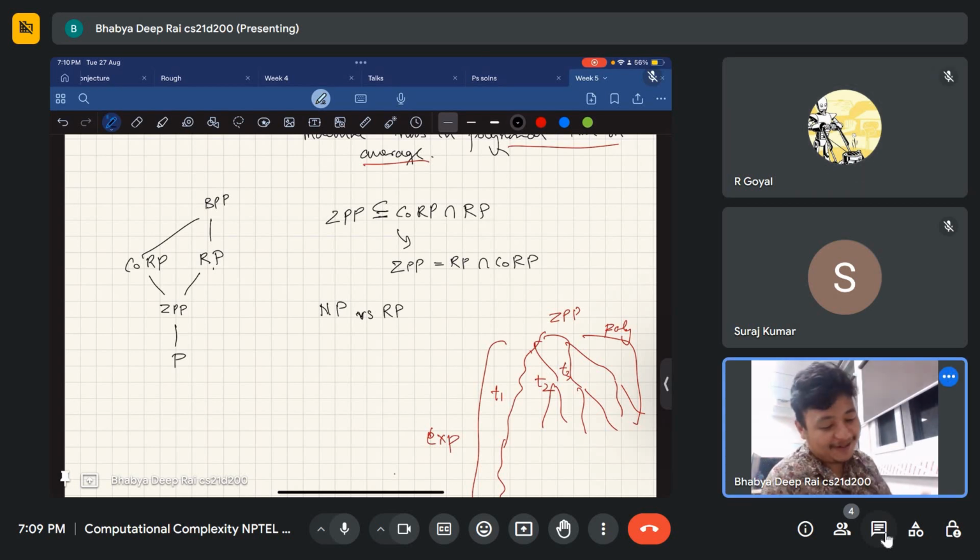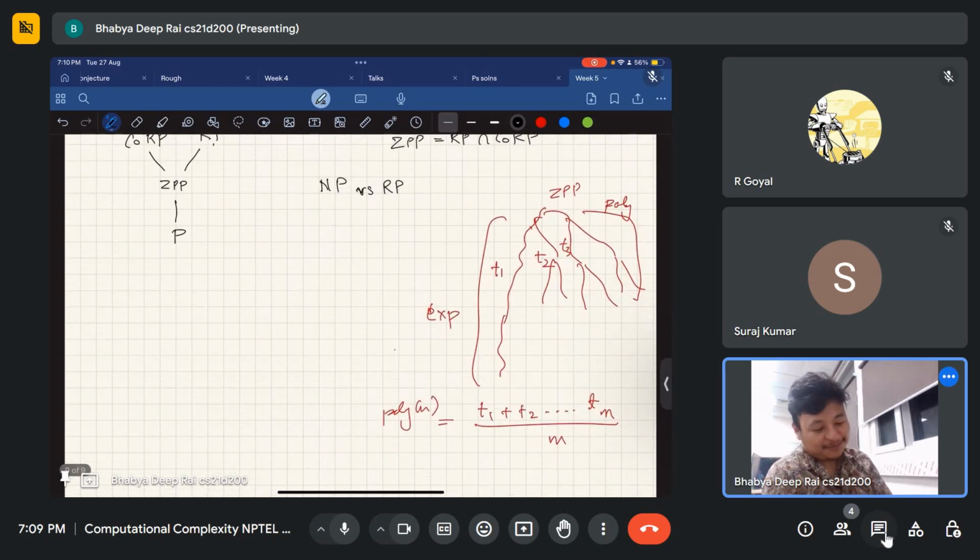Correct, exactly. So for NP, the probability of accepting is greater than 0, whereas for RP, the probability that it accepts is at least half for the yes instance.